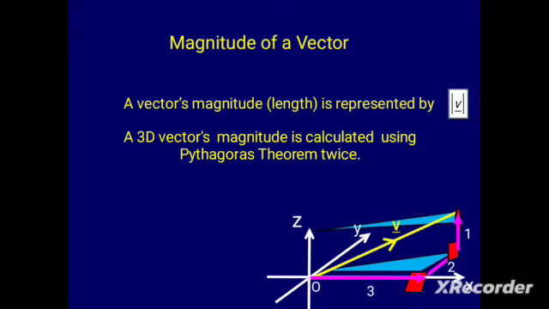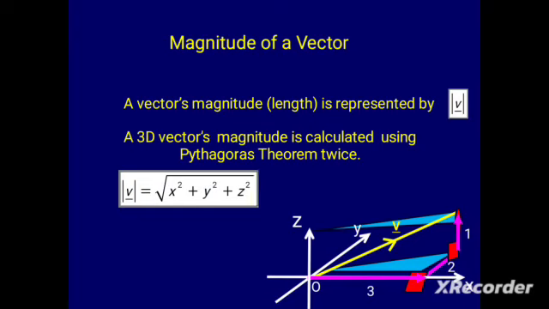A 3D vector's magnitude is calculated using Pythagoras' theorem, and it is 3D because we have x, y, and z coordinates.